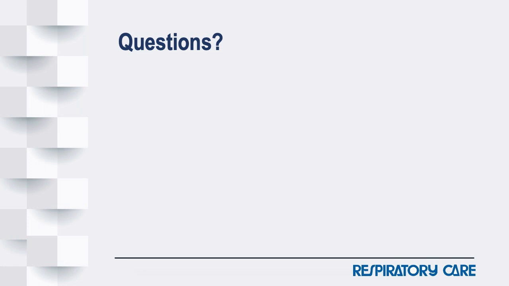We probably only have insight based on alarms. Certain alarms are going to be more prevalent with pressure control versus a volume-targeted or volume-controlled mode, but I don't believe we got any information specific to what these patients were on.